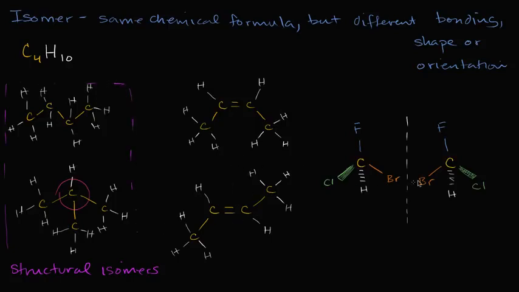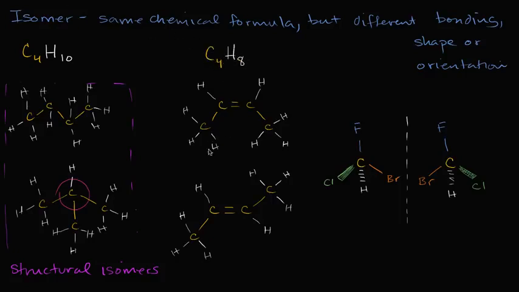Now when you look at this pair, you say, well, hey, those don't look like structural isomers. Not only do they have the same constituents, both of these, for example, have 4 carbons and 8 hydrogens, so they are both C4H8.